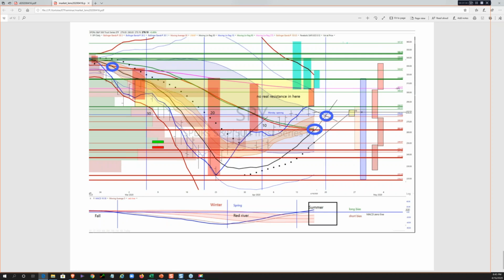Now I want you to notice the 3 thick blue circles. In those blue circles, I've almost carefully hidden the fact that this is where the RL30 crossed the SMA 30. So that 30-period regression line was north of the Bollinger Band mean and then crossed. That's the end of the bullish move and the beginning of what could be a bearish orientation.